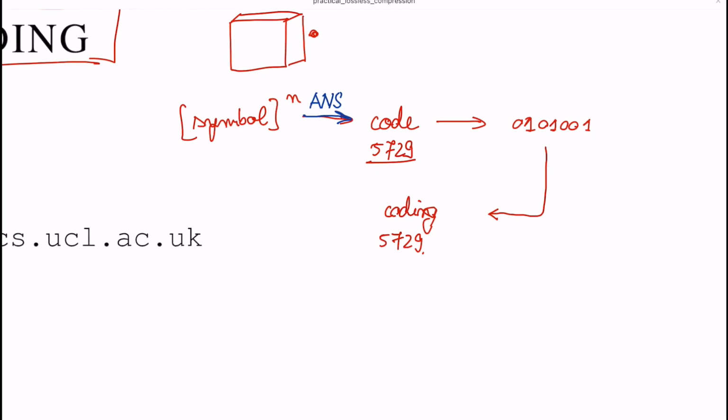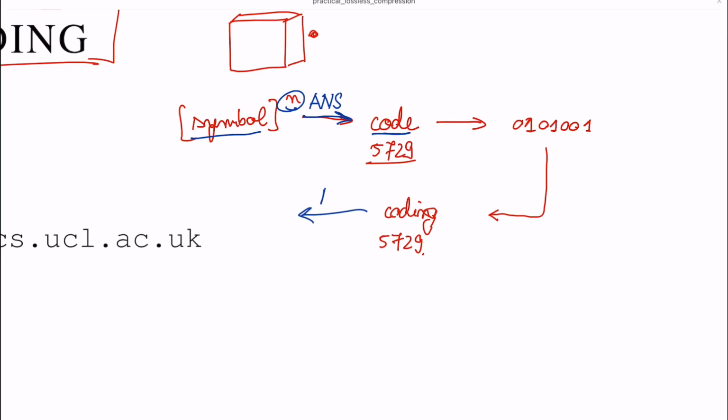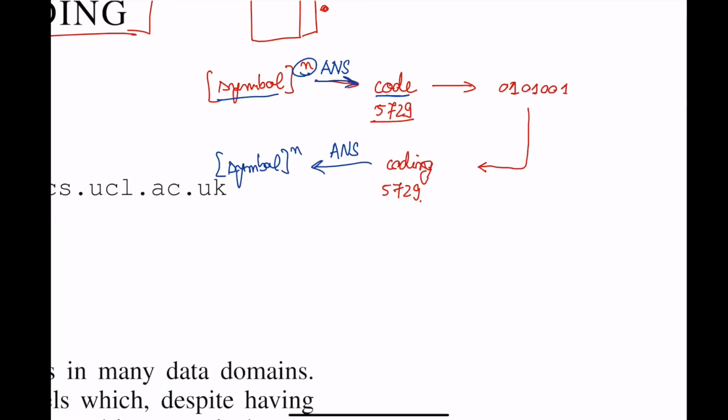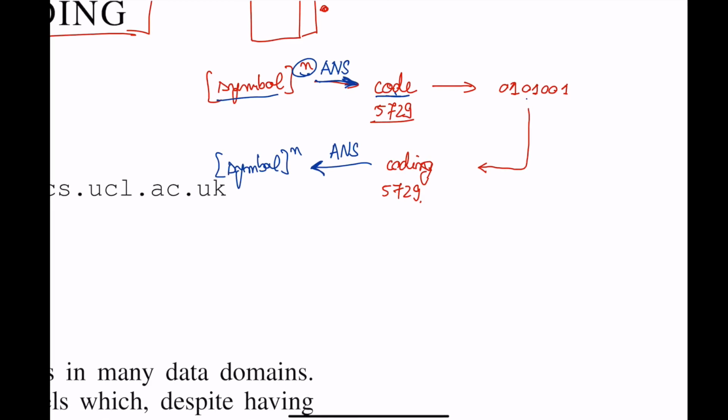The point being, given a sequence of symbols, you get a code that you can send, and then the other party can use exactly the same coding, in reverse, to get back the exact set of symbols. So this bit, getting from the symbols to encode them using ANS, and then from the code back to the symbols, is deterministic. There is nothing probabilistic here.